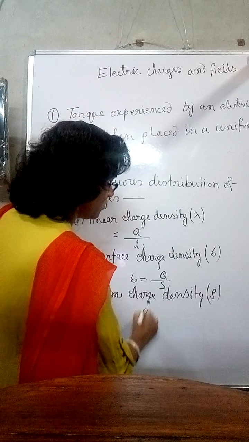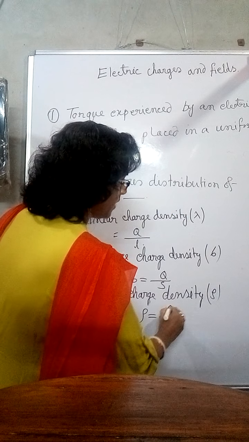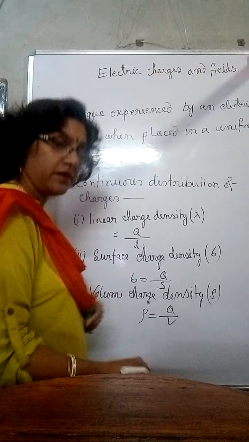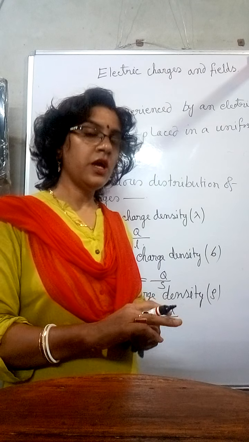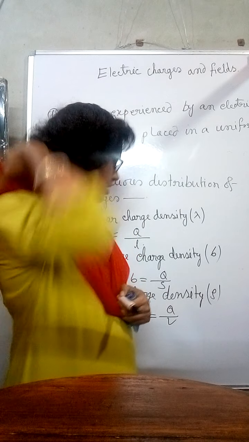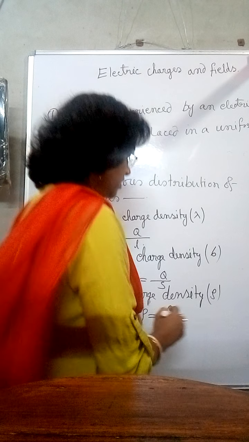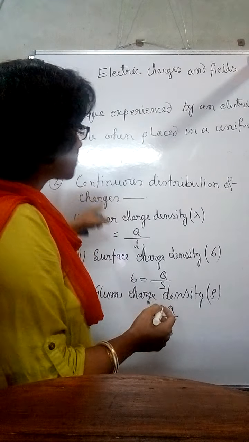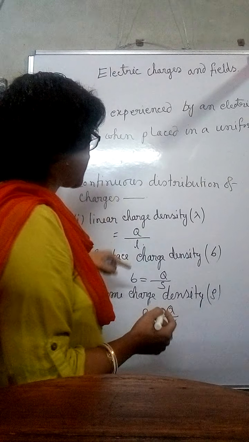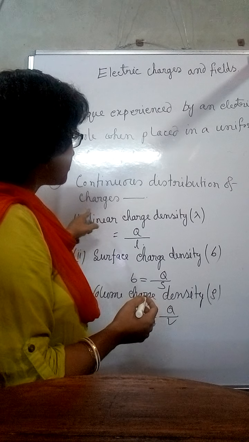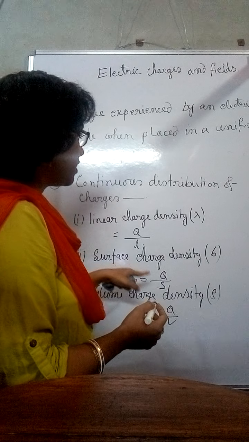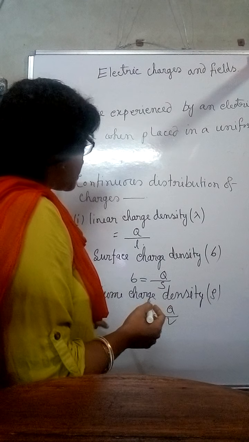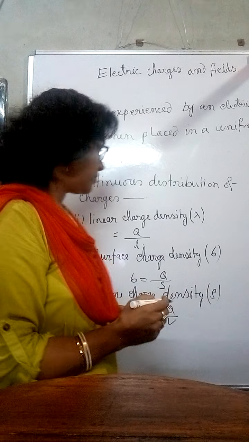Rho is equal to Q by V, where Q is the charge that is uniformly distributed throughout the volume V. So, in this way, in the continuous distribution of charges, that can be possible linearly, or on a surface of area S, or through the entire volume.